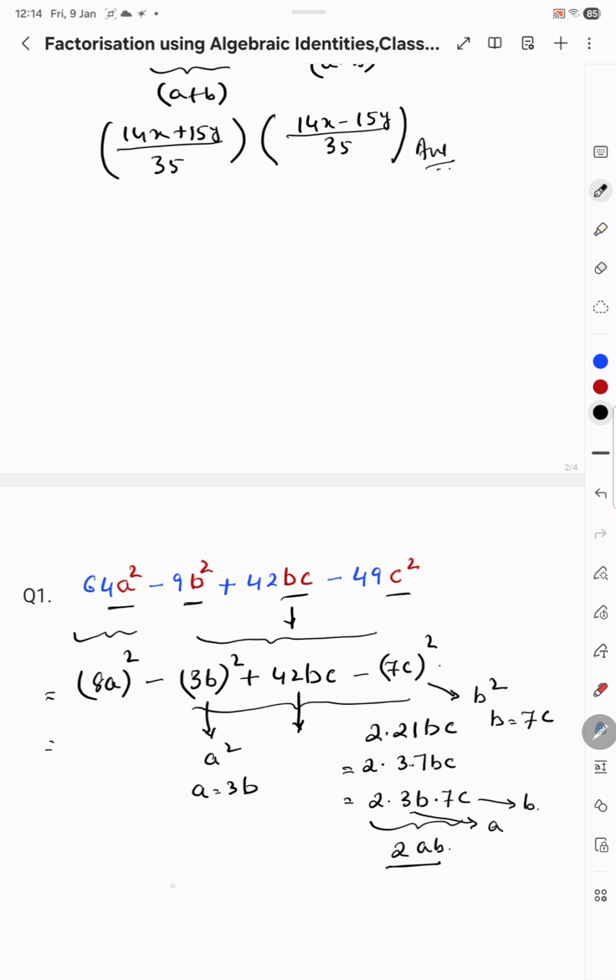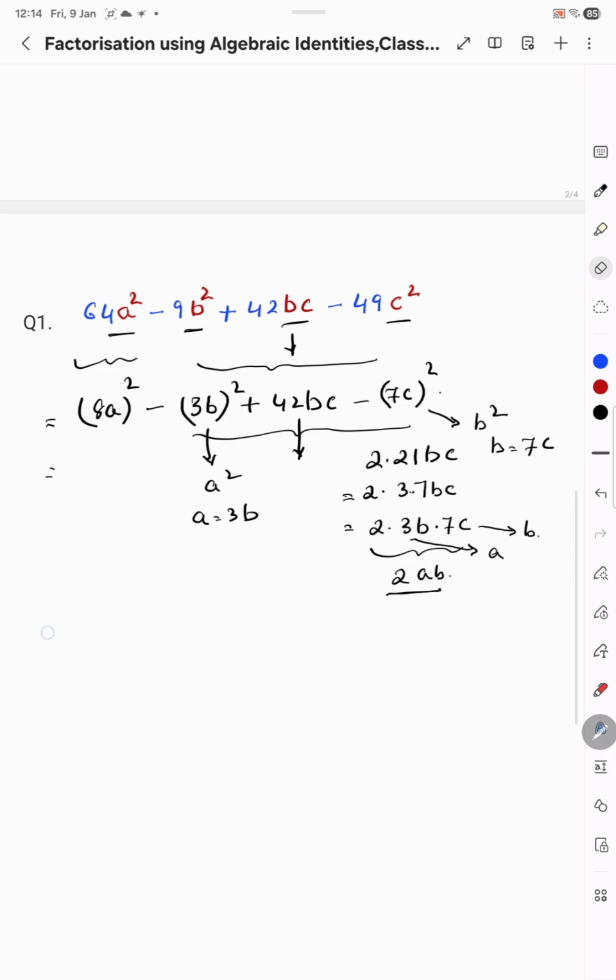So now let us rearrange it. So this is our 8a whole square. Let's take this minus common. So what we'll get here? We'll get 3b square minus 42bc plus 7c whole square.